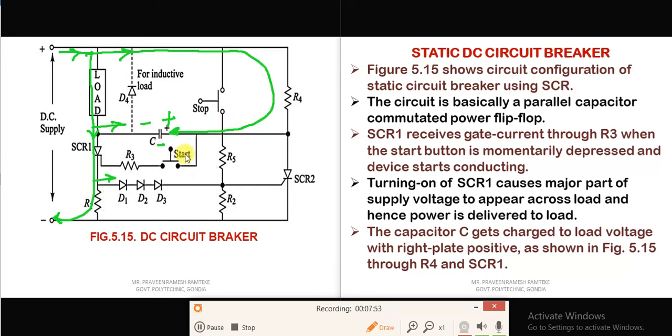The voltage across the capacitor is equivalent to the load voltage. So voltage across capacitor, say VC, is approximately equal to the voltage across load.